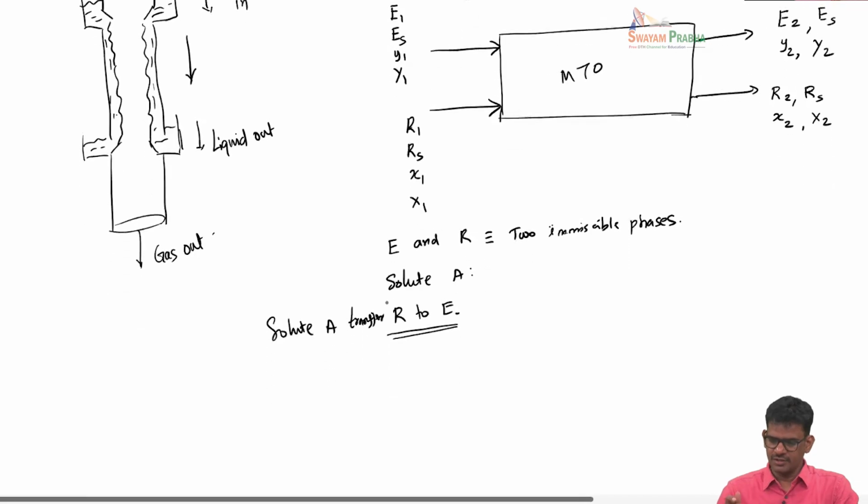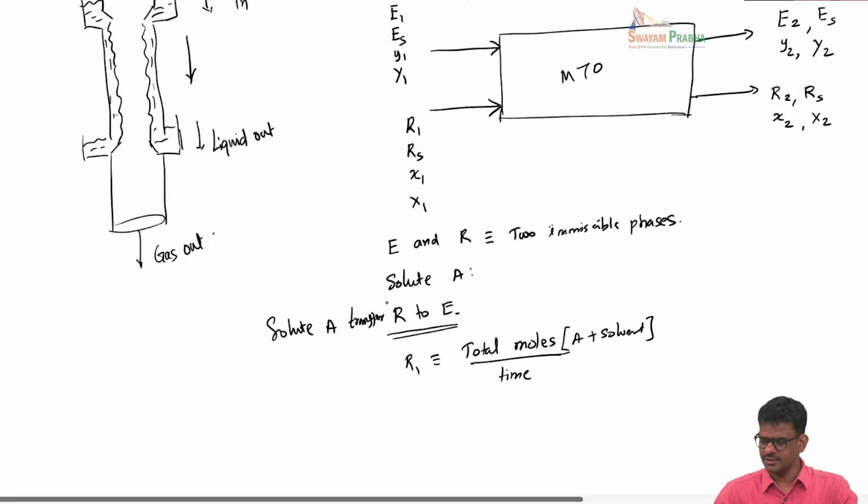So in terms of this notation, R1 is the total molar flow rate, total moles per unit time. When I say total moles, this means A plus whatever solvent it has, the non-diffusing component.